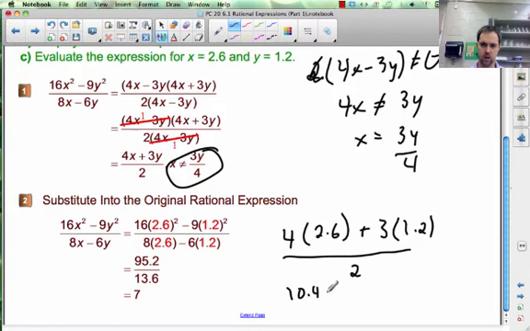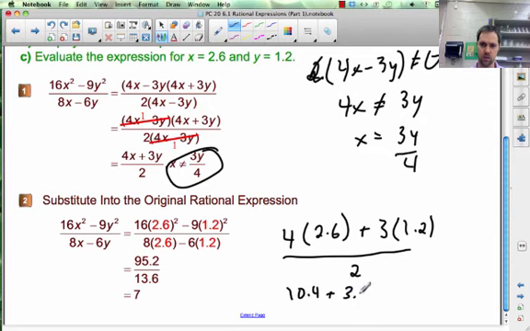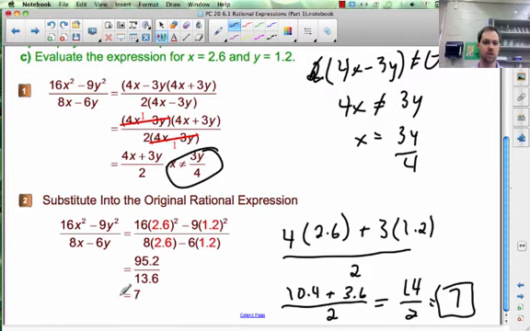It's 10.4 on top, plus 3 times 1.2 is 3.6, divided by 2. 10.4 plus 3.6 is 14. All right, divided by 2, and of course 14 divided by 2 is 7, and we get the same answer.